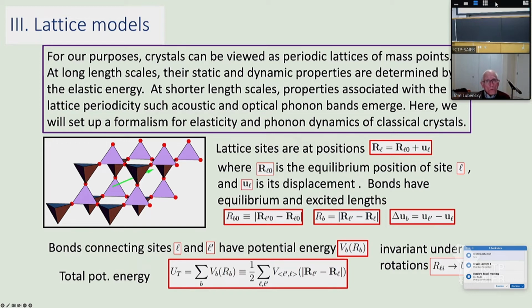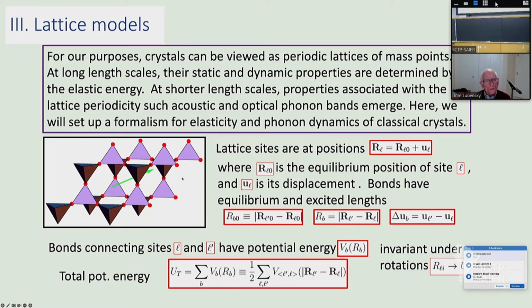So what we're going to be looking at mostly are these lattices that satisfy the Maxwell-Calladine criterion, that the number of degrees of freedom is equal to the number of constraints, which on the lattices really are the springs that go on the bonds. So we're going to start and assign each site on our network an index l.